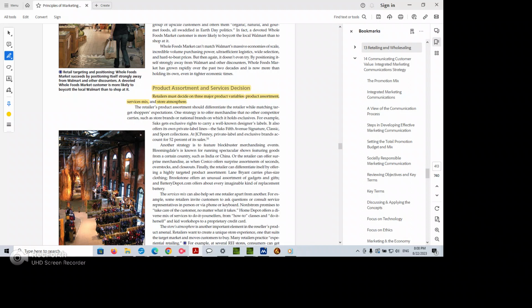If you think about it, let's break it down again. Product assortment is basically what type of products are you going to be selling. Services mix. What type of services are we going to be providing? Number three, store atmosphere. What will the look and feel of the store be?